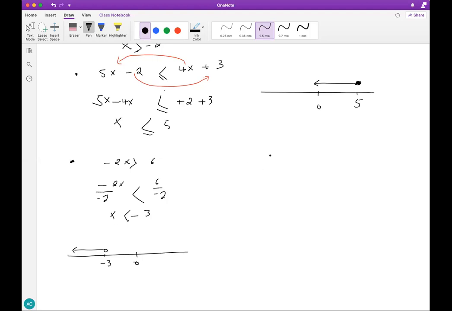Let me explain why. Let's take some simple numbers. For example, 5 is greater than 2. That's a true statement. What happens if you divide both sides by -1, for example, or any negative number? What's 5 divided by -1?